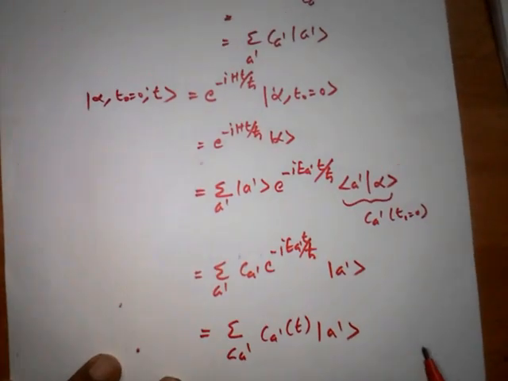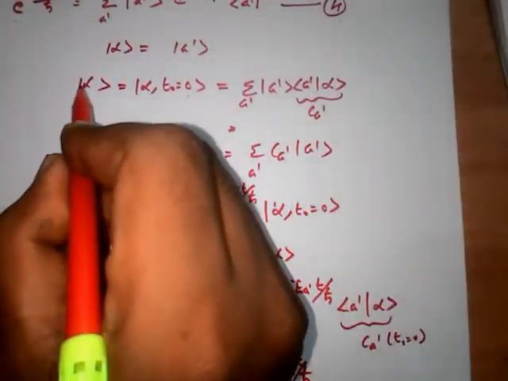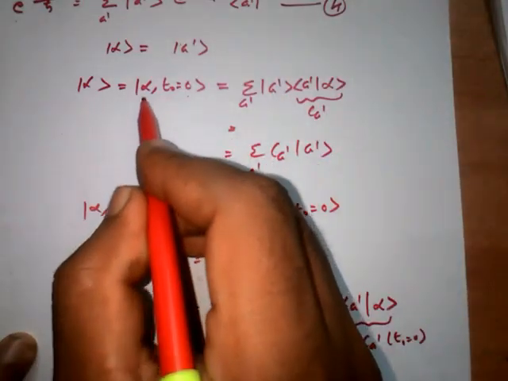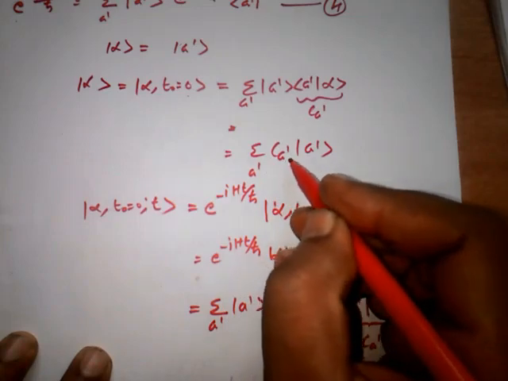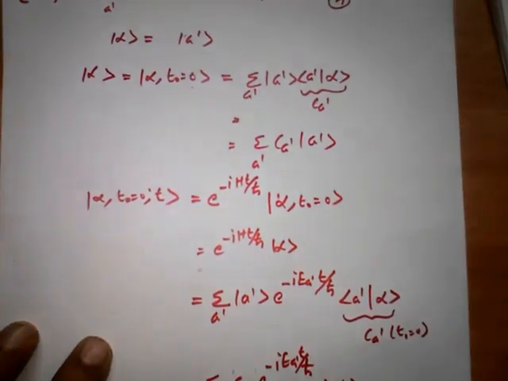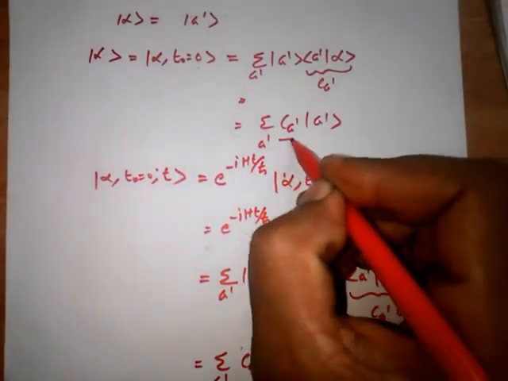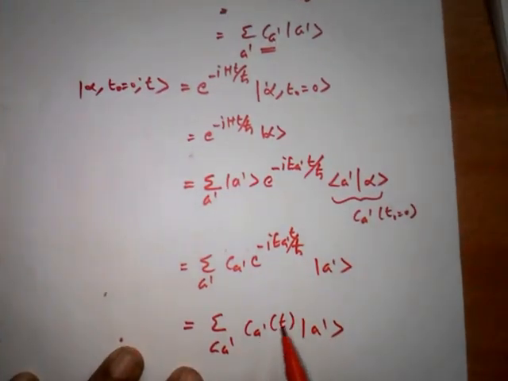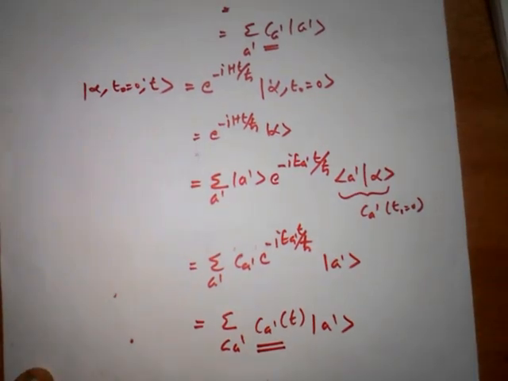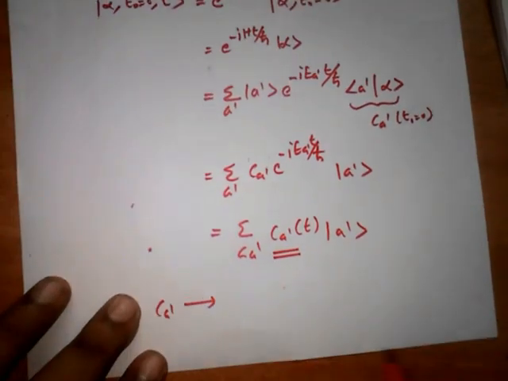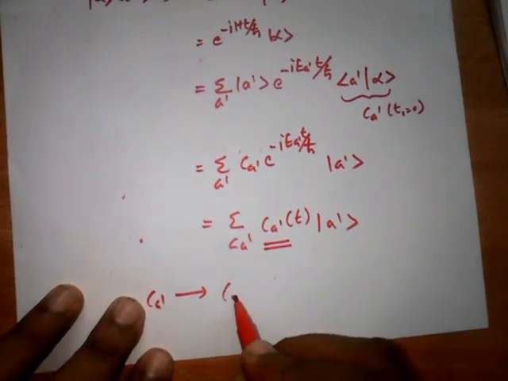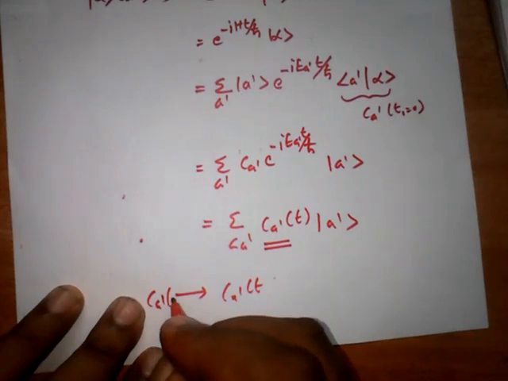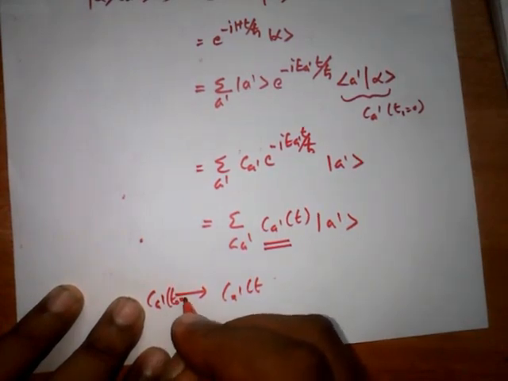So what happens here? Here, at t_0 equal to 0, the state ket alpha at t_0 equal to 0 is equal to the sum over a' of c_a' into base ket |a'>. This c_a' has changed into c_a'(t). This is c_a' at t_0 equal to 0.